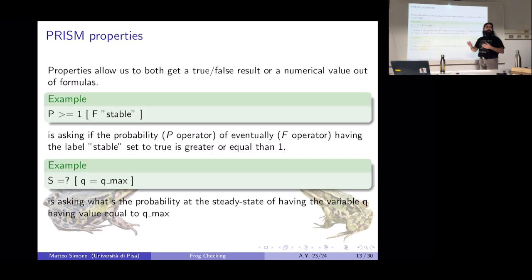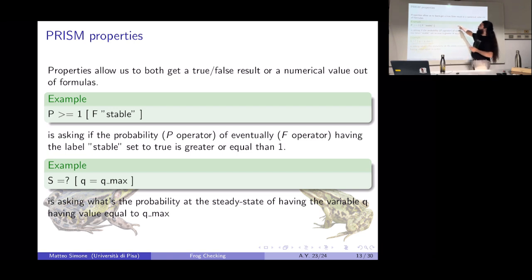Properties are the way we get results from the models. A property either gets us a true-false result, like in this case. This is asking Prism to tell us whether it's true or false that the probability is greater than 1 that, at some point in time, F, future, eventually, the label stable is verified.